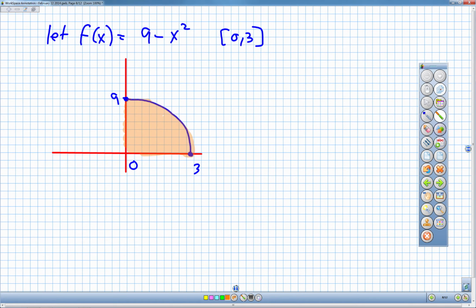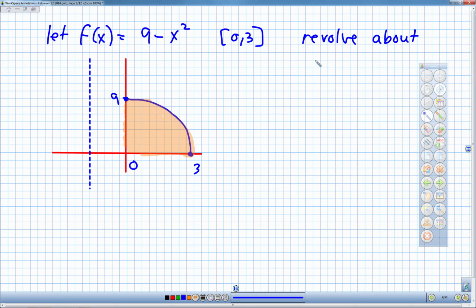And what I would like to do is revolve it about the line x equals -2. That means we're now going to be spinning our shape in this direction.